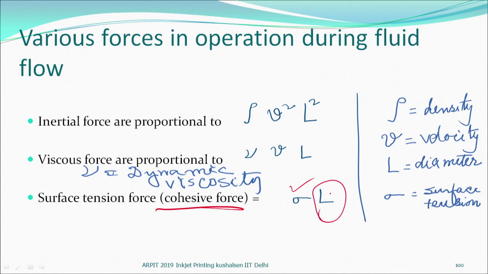Now, when a drop is going to be ejected at high frequency, small changes in these properties of the liquid, the dimension of the nozzle and the velocity at which the drop is going to be ejected are going to play an important role, and so people have to worry about them.